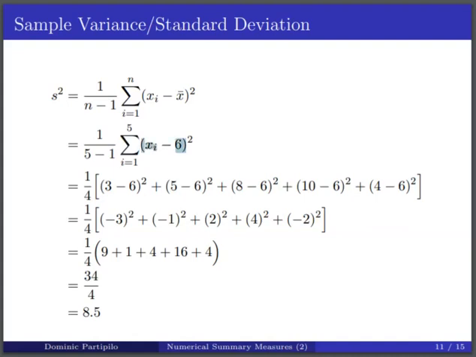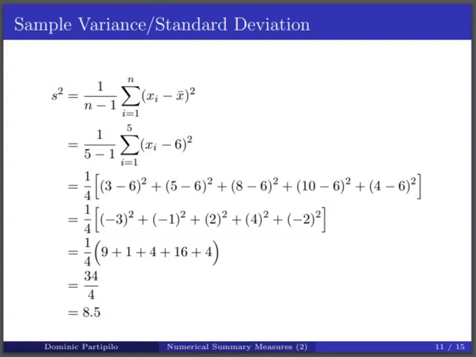We take each of the distances, we square them, we add them up, and then after we do all of that, we come up with -3 squared plus 1 squared plus 2 squared plus 4 squared plus -2 squared. So this is an example of we have negative distances and we need to make them positive by squaring them.